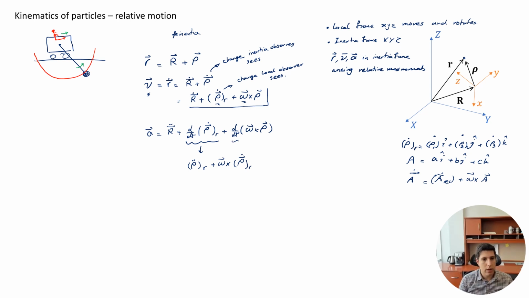And this one, I'm going to write it as omega dot cross rho plus omega cross rho dot. Again, same story. I have rho dot.